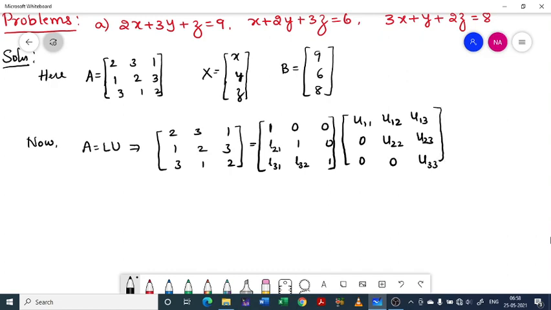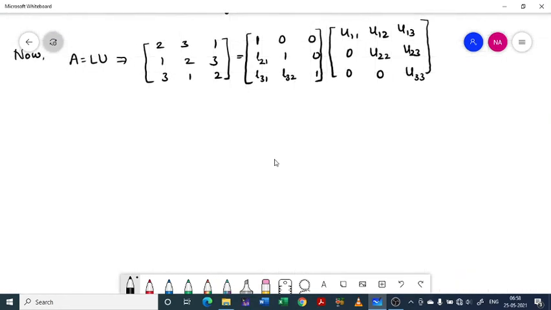This is U. Now you have to multiply these two, L and U. Multiplying this, the first column will be U11, U11 L21, U11 L31.